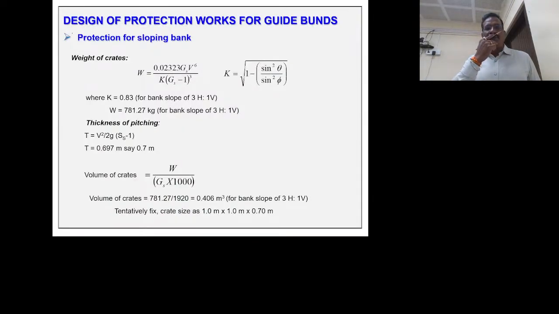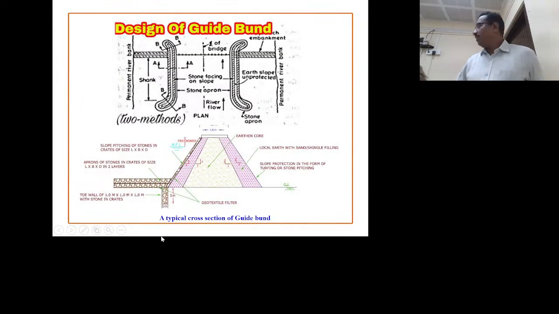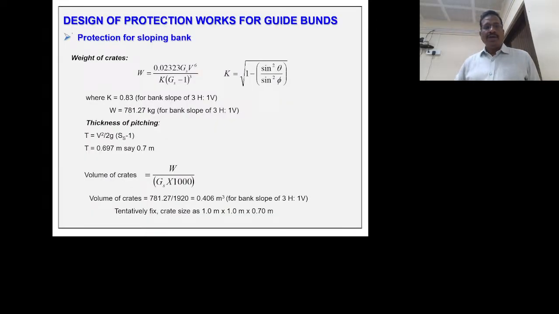This is the design of protection of sloping bank. Here we are calculating the weight of crates. Generally, now I am explaining only the protection works in gabion crates. In the sloping portion, we are calculating the weight of stones by using this formula, the Pettis formula. This is the velocity and this is the K value.